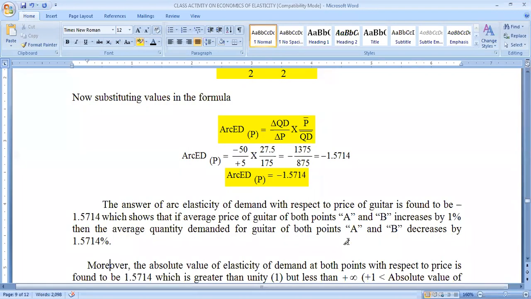Moreover, as we have already read, the function of the absolute is to convert all the negative values into the positive values.